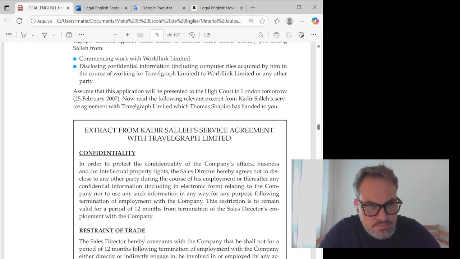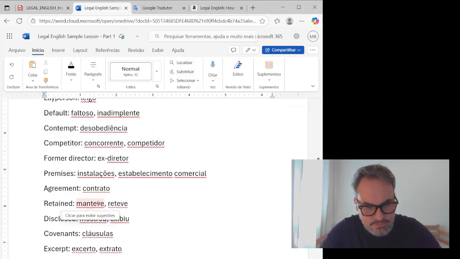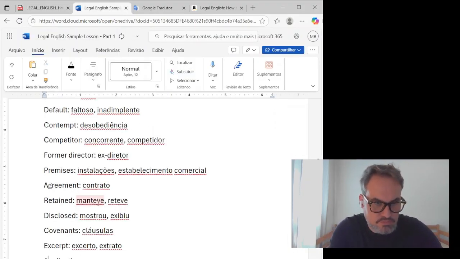And also, let me see. Oh, application is also good because we use that a lot in legal English. How can we translate that? Requerimento, maybe.